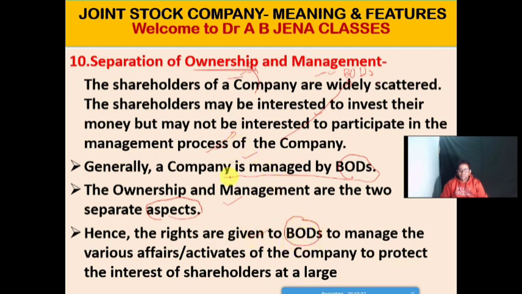The shareholders or the members of the company give the rights to the board of directors to manage the various affairs or activities of the company, to protect the interest of the shareholders at large. I mean the value of the shares will be more, and the members will get more return in the form of dividend.